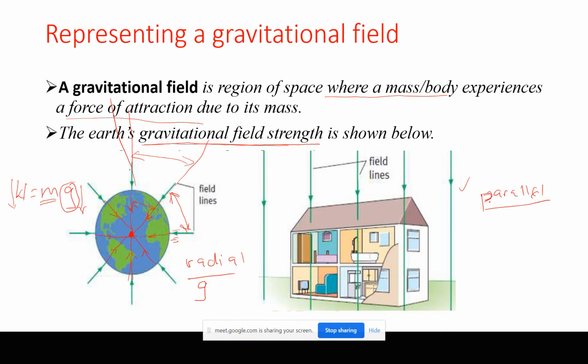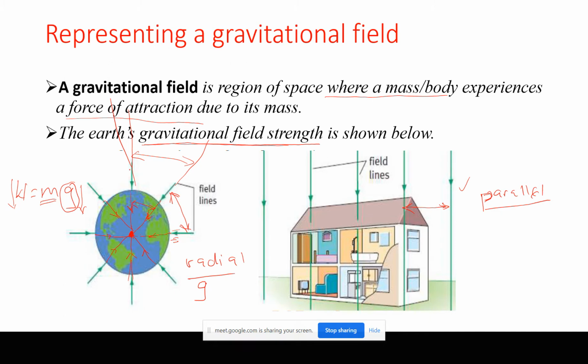Since they never cross each other, they appear to be almost parallel, as if they are evenly spaced, because the building is very small compared to the Earth. And if field lines are equally spaced or parallel to each other, then it means the field strength or the force is going to be constant.